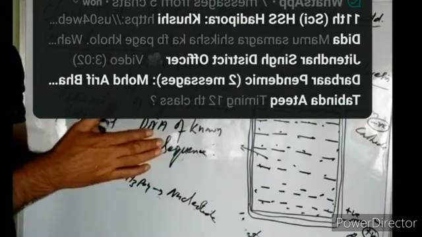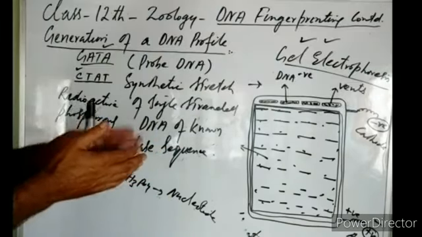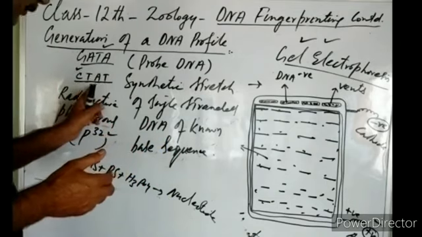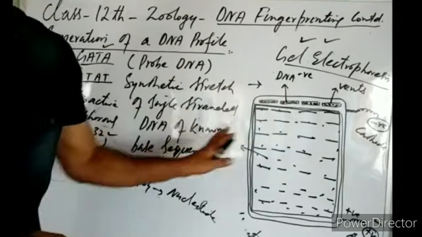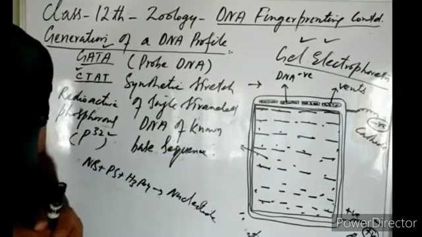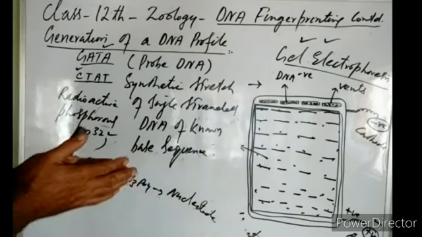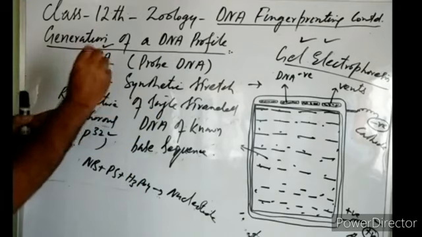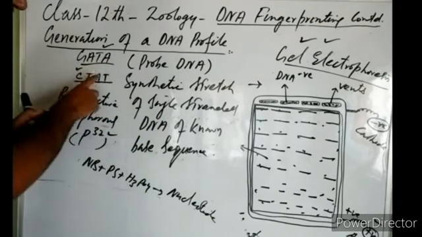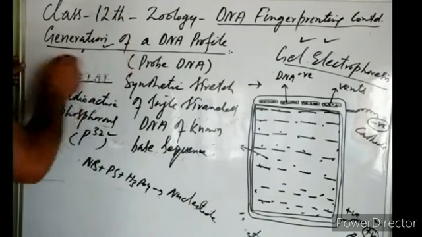So when they add this complementary probe DNA to the nitrocellulose paper, it binds to the GATA sequence wherever it is present. The DNA present on the nitrocellulose paper is single stranded, so the probe DNA binds to those DNA molecules which have the GATA sequence on them.